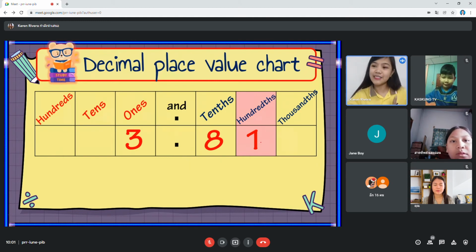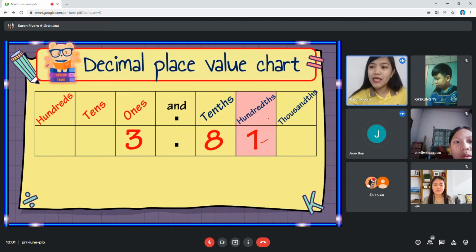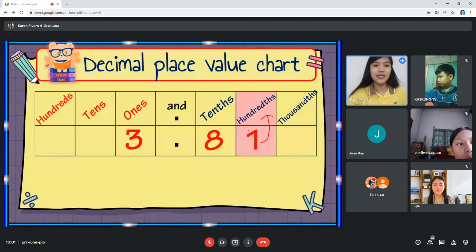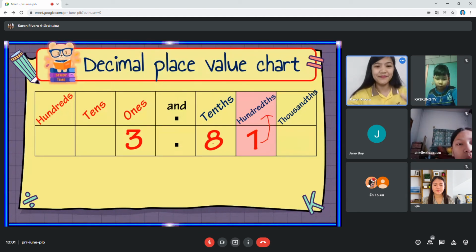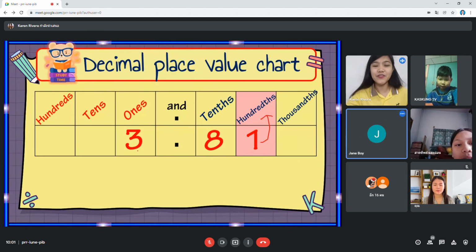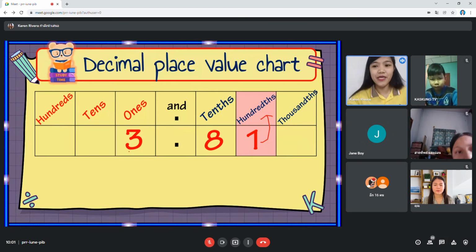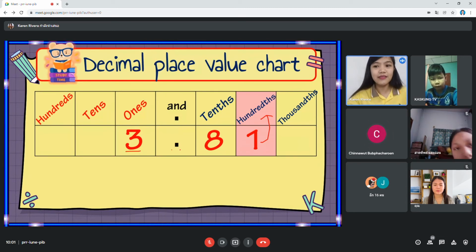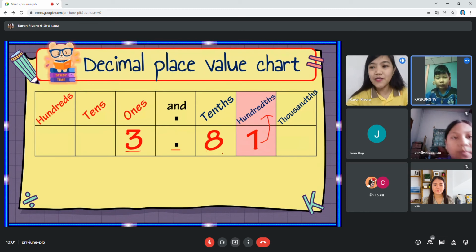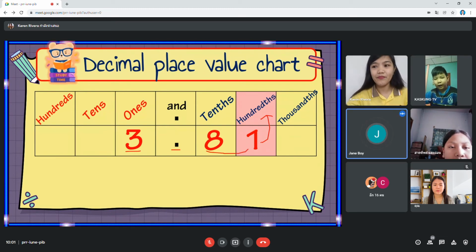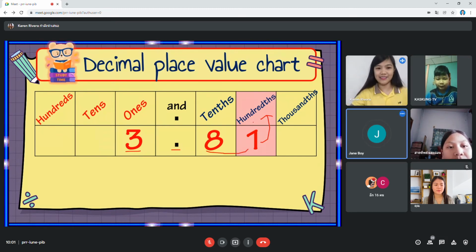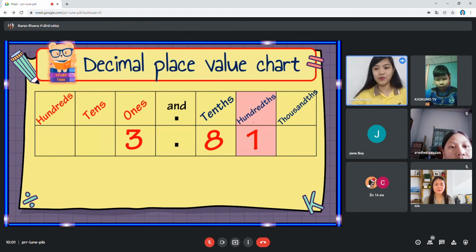The last digit is 1. What is the place value of 1? Hundredths. So how would you read it? 3 and 81 hundredths.